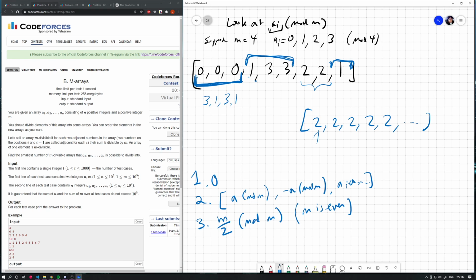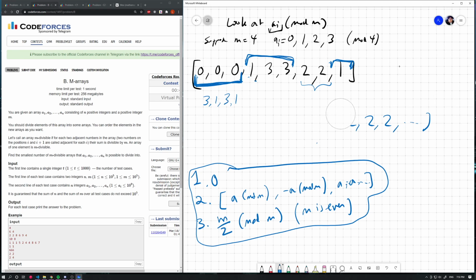The number is self-inverse, so you basically just need to group all of these numbers together. And these 3 cases are basically all you need to come up with the optimal solution.